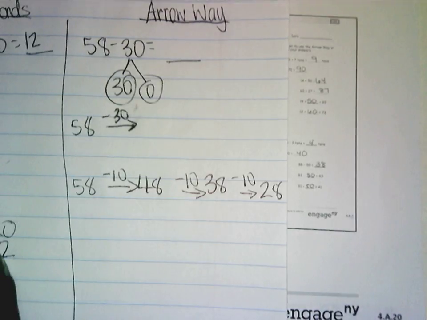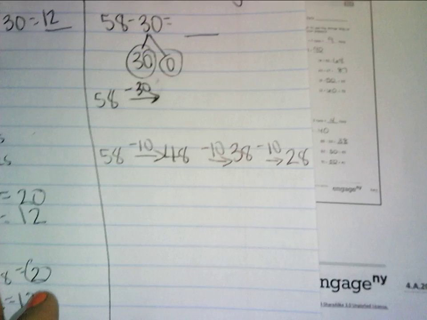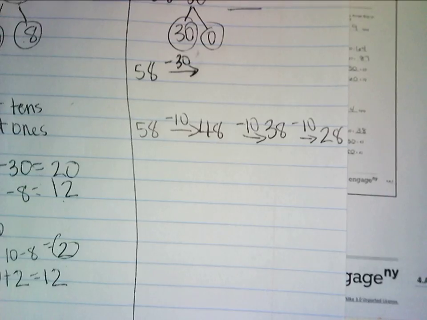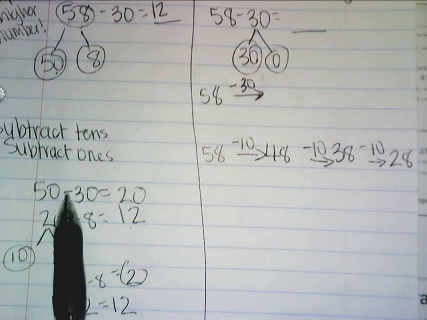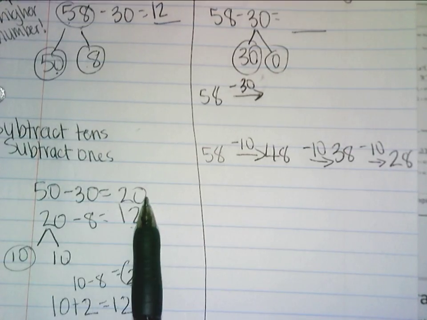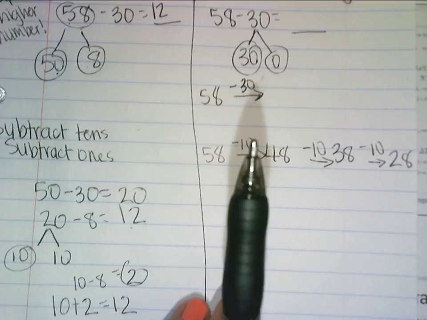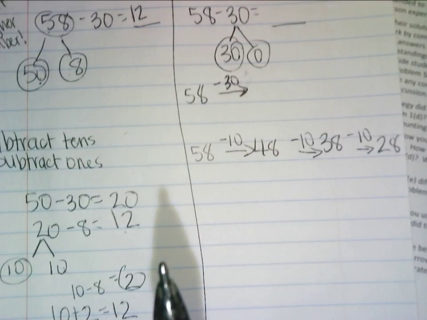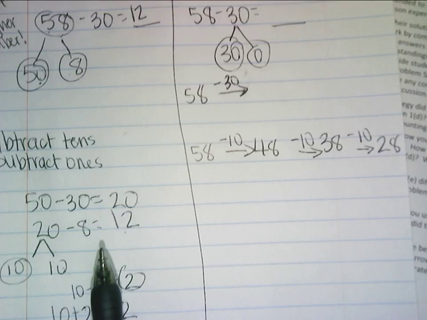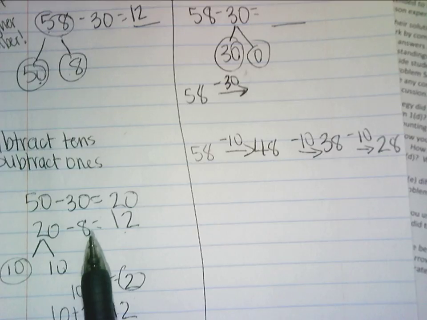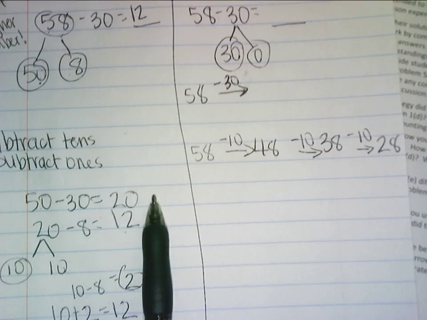Oh, up here. You know what? This was wrong. Let me see what was wrong about this. Hold on a minute. 50 minus 30 is 20. Oh, okay. So you do 50 minus 30, which is 20.